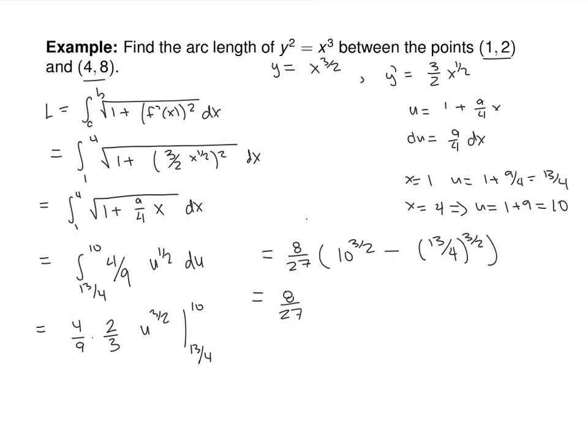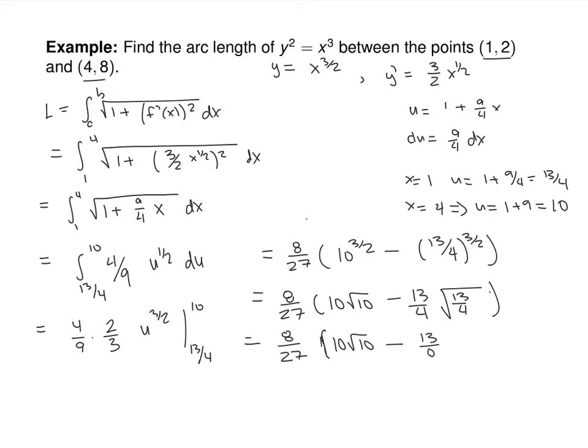So 8/27 times 10 root 10 minus 13/4 times the square root of 13/4. You can't root 13, but you can root 4. So you have 8/27 times 10 root 10 minus 13/8 root 13.